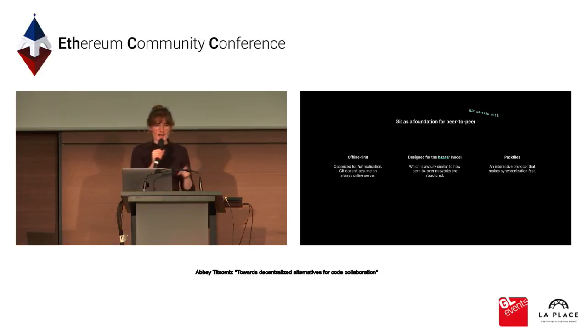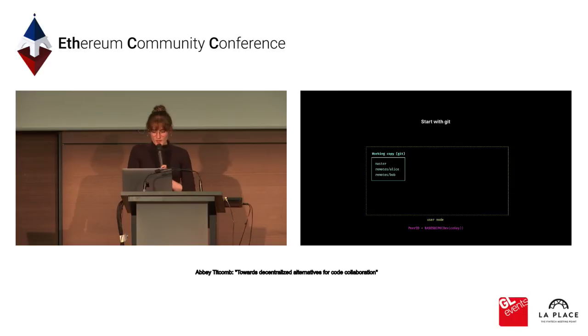Pack files are actually the reason why we at Radicle keep the storage layer of Git instead of replacing it with something like IPFS, because Git is just really, really good for storing code. And so how would we replicate Git repos across the network? Again, we start with Git, right? So it stays the same.